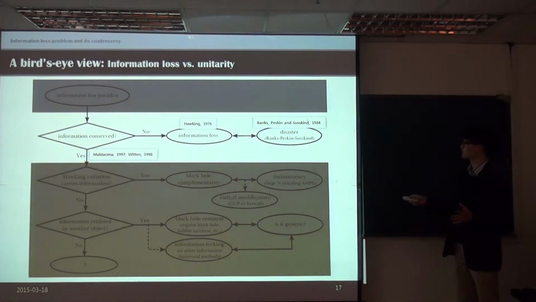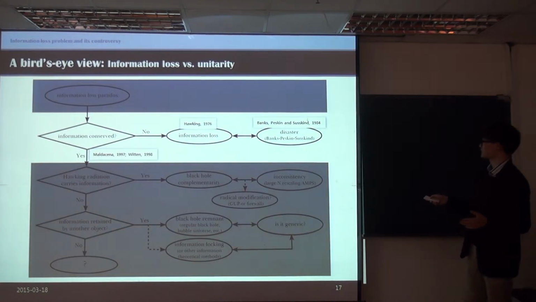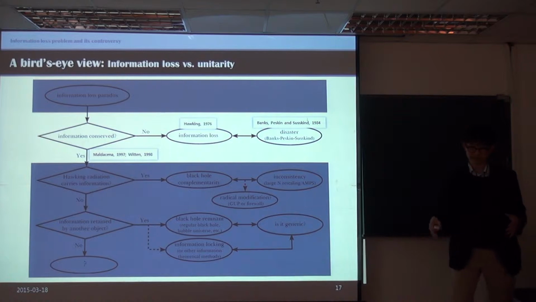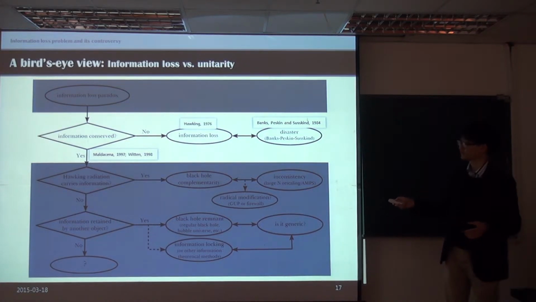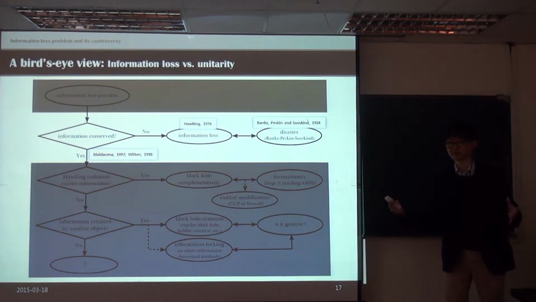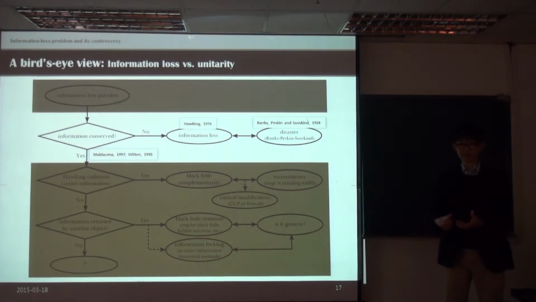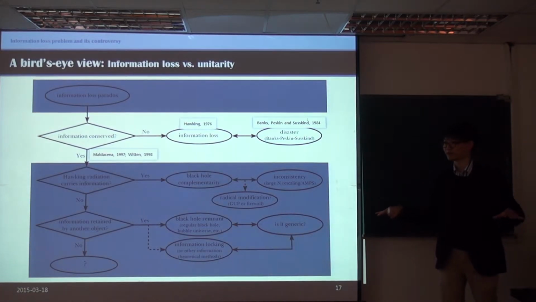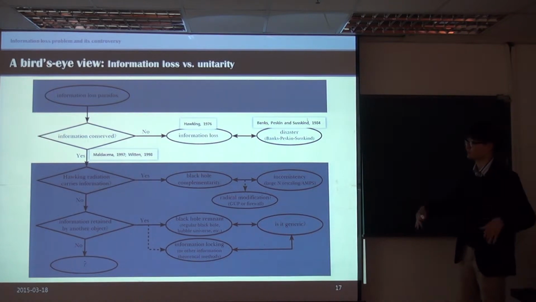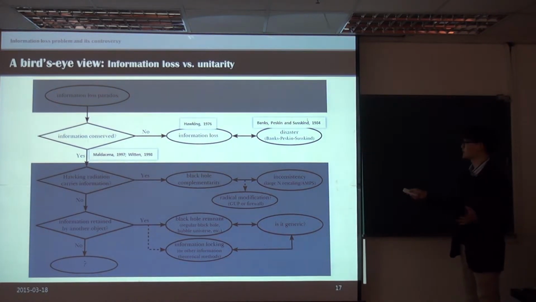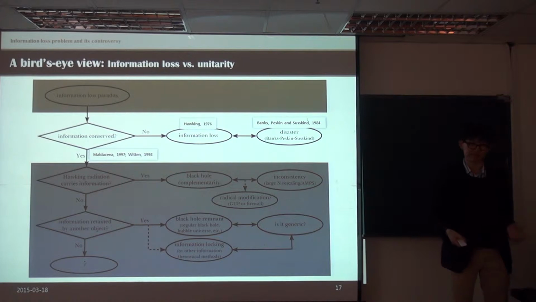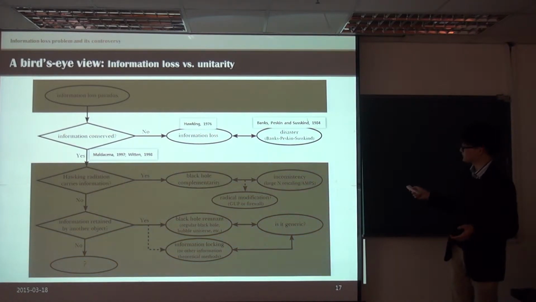But a few years later, in 1980, Peskin and Susskind discussed that this information loss will cause disaster in our universe. If there is information loss, then from the vacuum, particles can be created. Then our universe will get hotter and hotter, and the temperature will increase indefinitely. So it's a real disaster. It should not happen. This is the discussion of Peskin and Susskind.